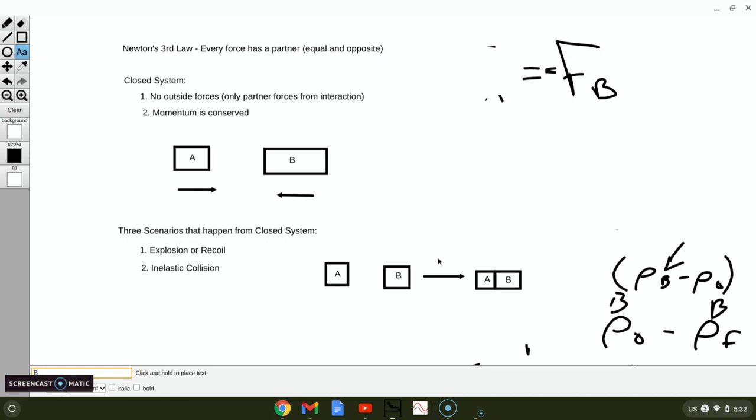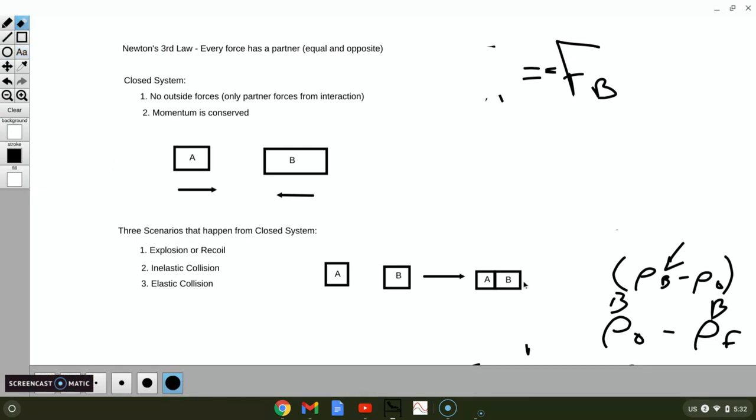All right. And then the last type would be an elastic collision. An elastic collision is one where kinetic energy is conserved. Again, that is not what we're going to define it as for now.